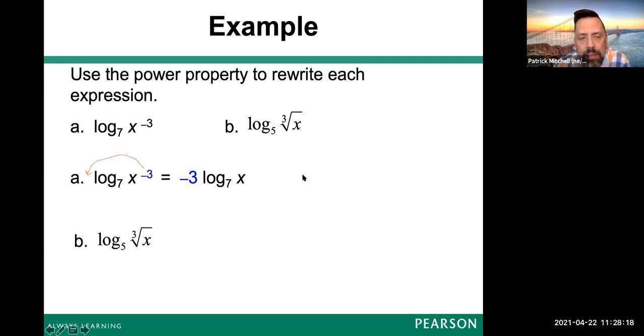All right, now log base 5 of the cube root of x. The first thing we have to do is write cube root of x as a power of x. You remember how that works? The cube root of x is x to the power 1/3, right? Oh dear, okay, so they left a step out here. Hold on a second.